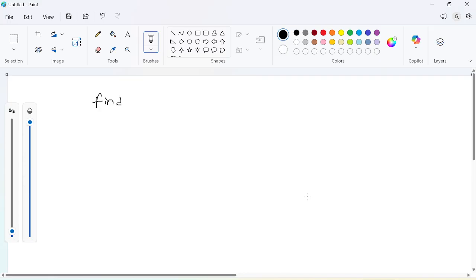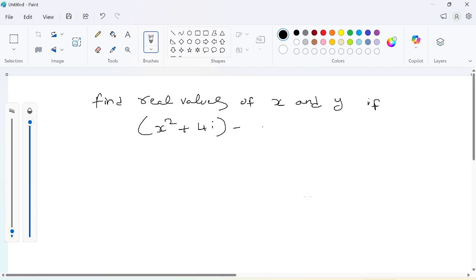Find the real values of x and y if x square plus 4i minus 5x minus yi is equal to 7 minus 3i plus 2 plus 4i.